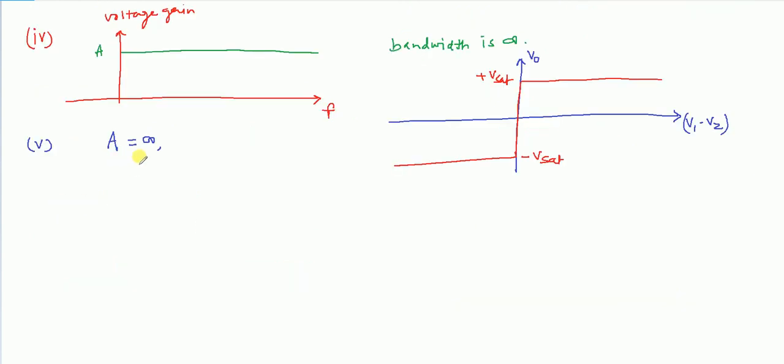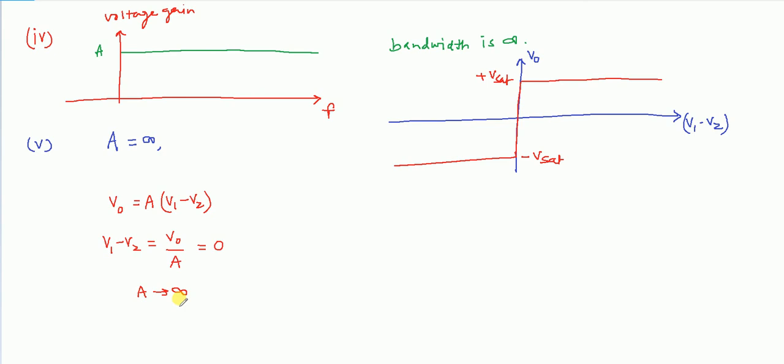Now if open loop voltage gain of ideal op-amp is infinite, then we will have one more condition, and it is called virtual short condition. See, because V0 is A(V1 minus V2), we can write V1 minus V2 as V0 by A, and if A is tending towards infinite, then V0 by A is tending towards 0.